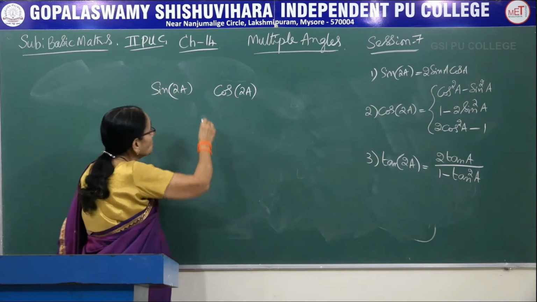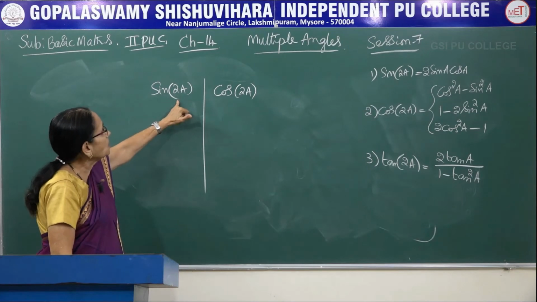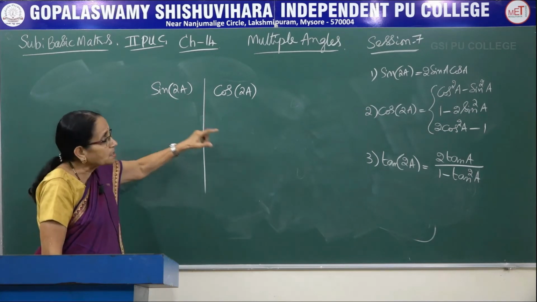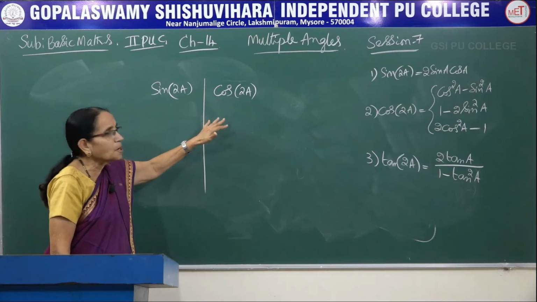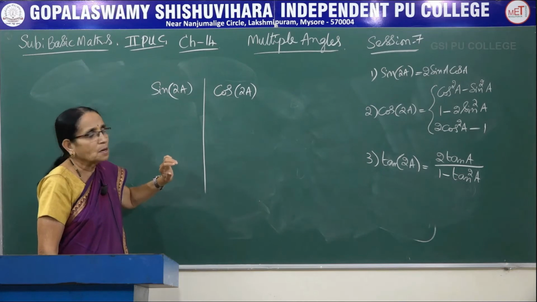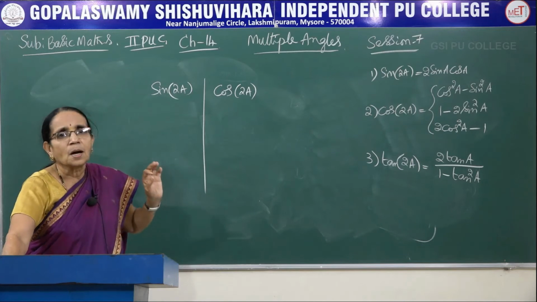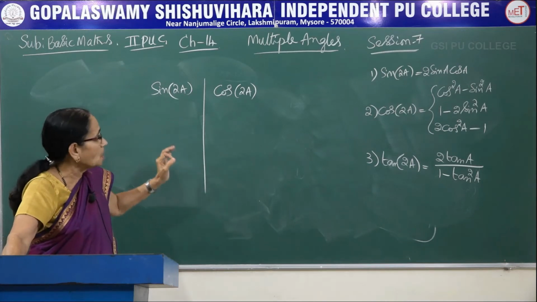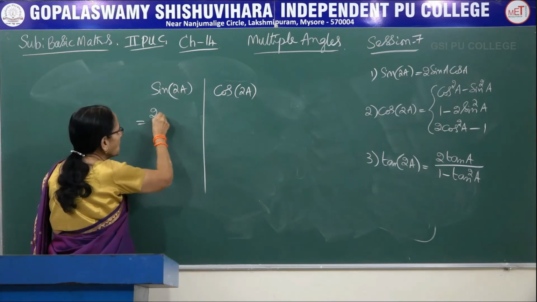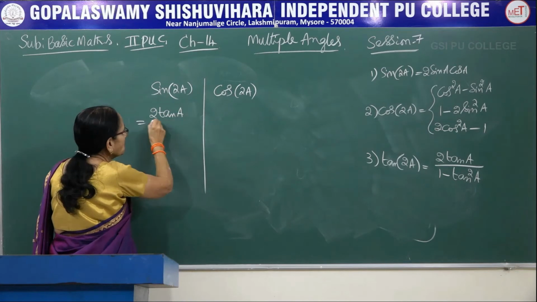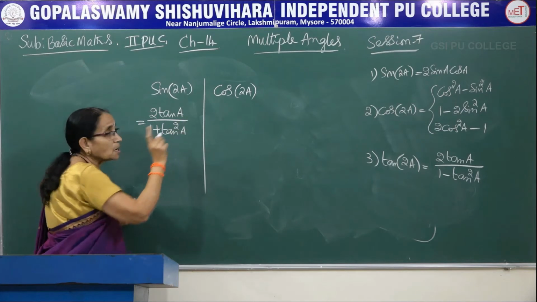Now the new two formulas: sin 2a will be expressed purely in terms of tan a, and similarly cos of 2a will also be expressed in terms of tan a. That is the second set of formulas to express sin 2a and cos of 2a in terms of tan a. The formula for sin of 2a is 2 tan a divided by 1 plus tan square a. Be careful to learn it by heart.